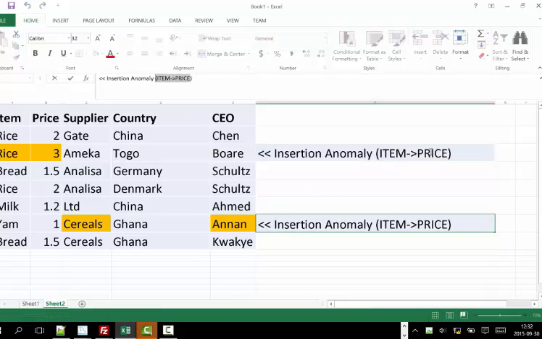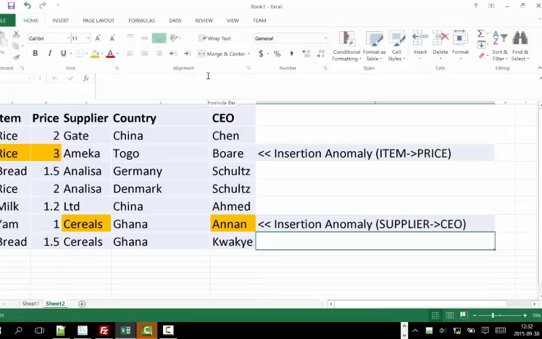But this violation was due to supplier and CEO, right? Okay, so it seems everyone is cool on this one, right? Insertion anomaly. That means that if you check the functional dependencies before, check that they are holding. If someone does an insertion that violates a rule that you thought should be holding, that is an insertion anomaly. Right. But he was hinting at the next one.